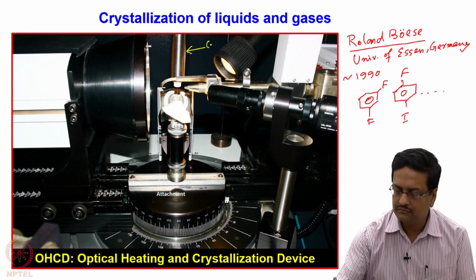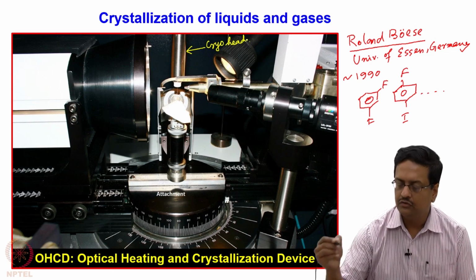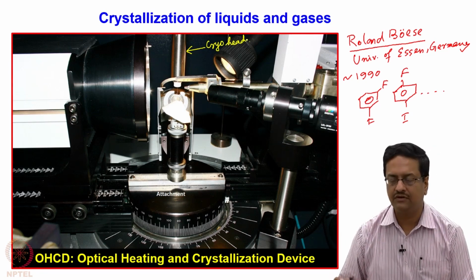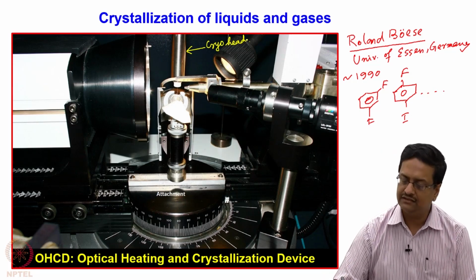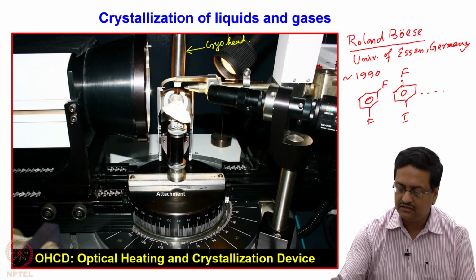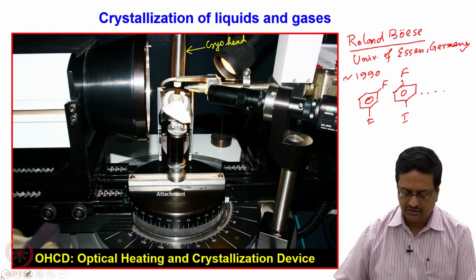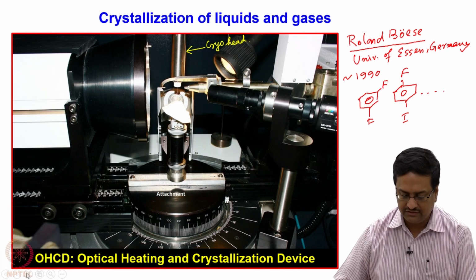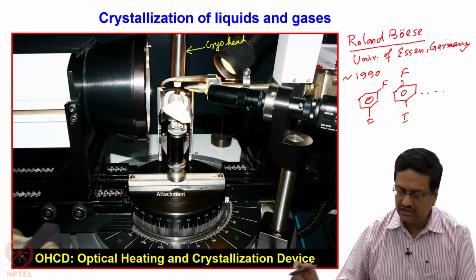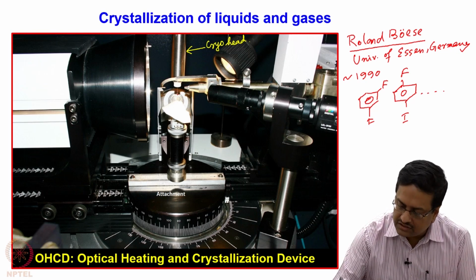We have a cryo head which supplies a cold stream of liquid nitrogen, or rather a cold stream of nitrogen gas, and then crystallizes the material or solidifies the material inside the capillary which is mounted here.